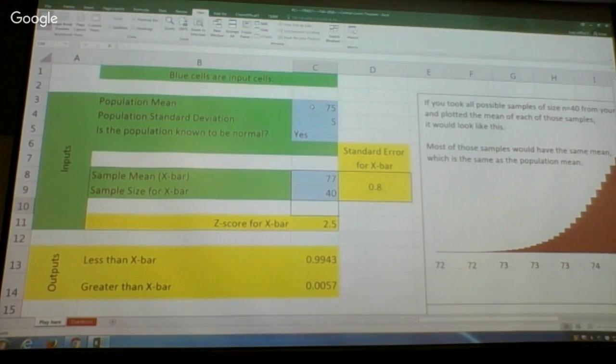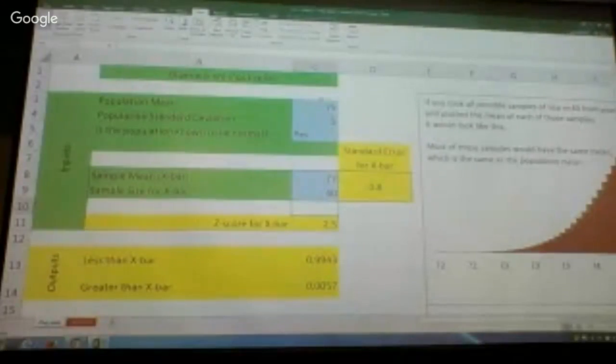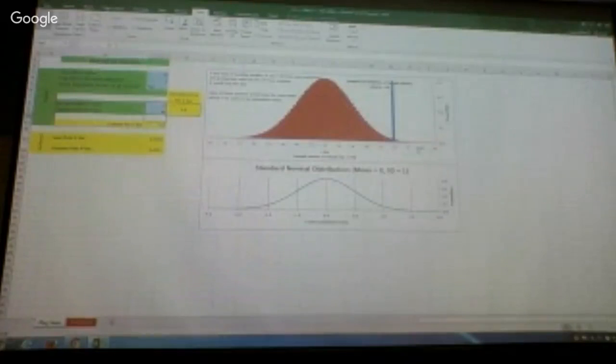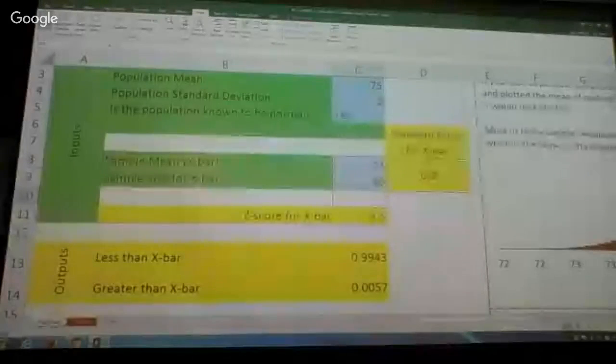So if you input those 5 pieces of information, which are in blue, into this, not only can you see what that would look like if you were to draw the picture with 75 in the middle, you would also see what that looks like with a line on the standard normal distribution, the z-score at 2.5.